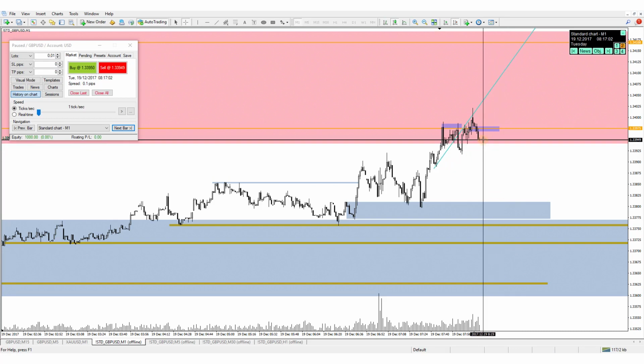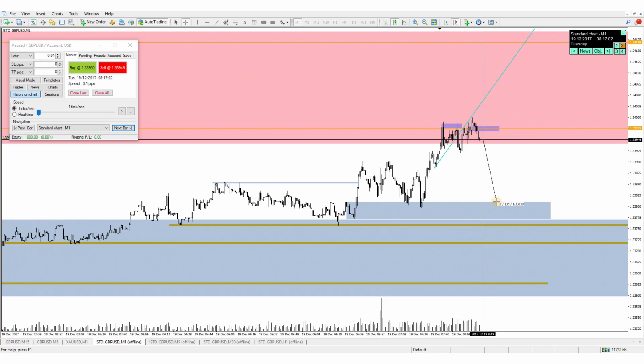Then the safe take profit level could be here on the higher edge of the last demand. So that's 14 pips, which would be 1 to 4.5.